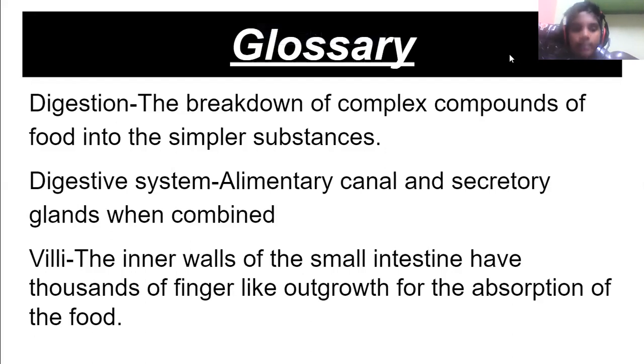Alimentary canal and the secretory glands when combined is the digestive system. Secretory glands means the gallbladder and the salivary glands and some other glands also. Villi. The inner walls of the small intestine have thousands of finger-like outgrowths for the absorption of the food. Food means the nutrients in the food.